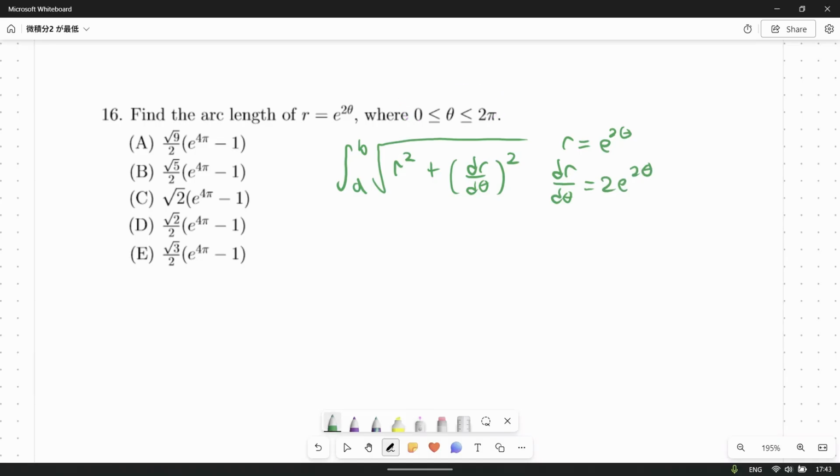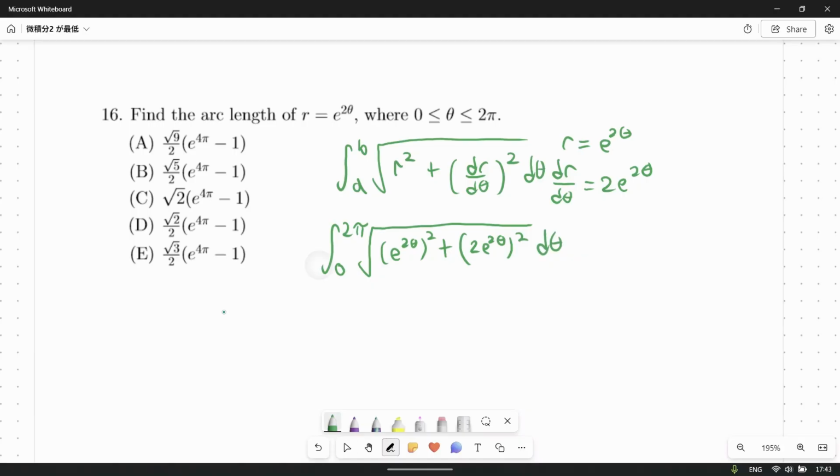And so we're going to end up with an integral of the form the integral from 0 to 2 pi of the square root of e to the 2 theta squared plus the derivative of r, so 2e to the 2 theta squared, with respect to theta, which is another thing that I forgot. And so from here all we have to do is evaluate this integral.